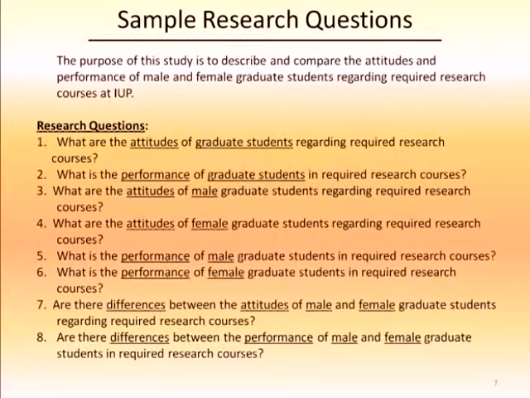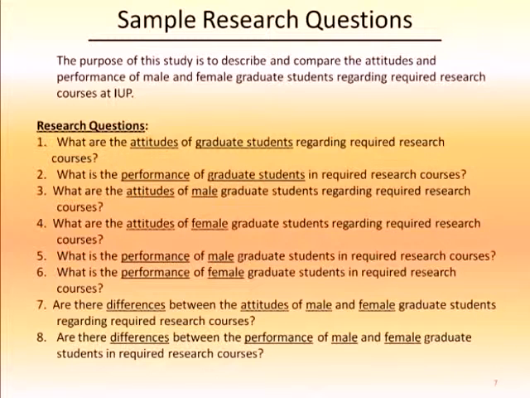The second question is similar, except it asks for performance data for all graduate students. So again, we're going to use our performance measure, whether it's scores from a test or a project or final scores in the course or whatever, and we're going to use that number to describe all of the graduate students.